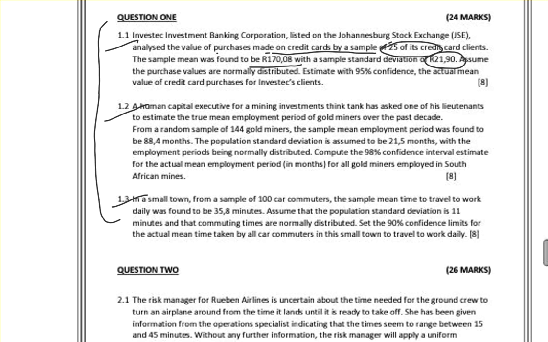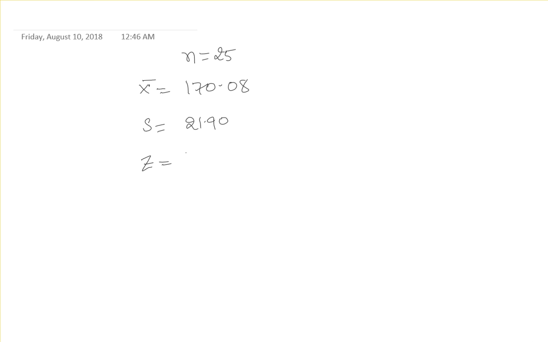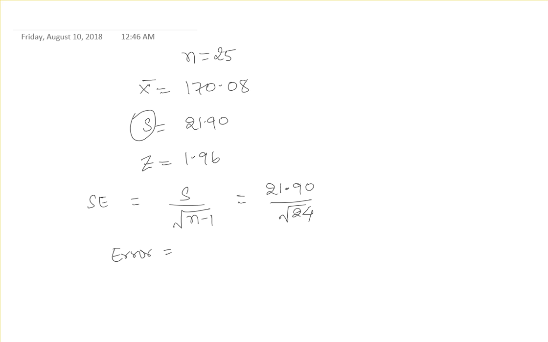For 95% confidence, Z is equal to 1.96. S is given, not sigma, so SE is equal to S upon root n minus 1, that is 21.90 upon root 24. Error is equal to 1.96 into 21.90 upon root 24.